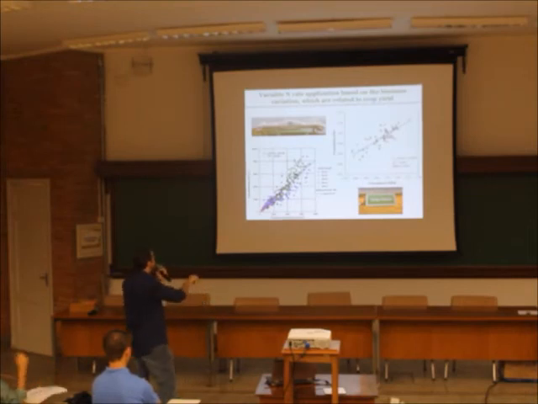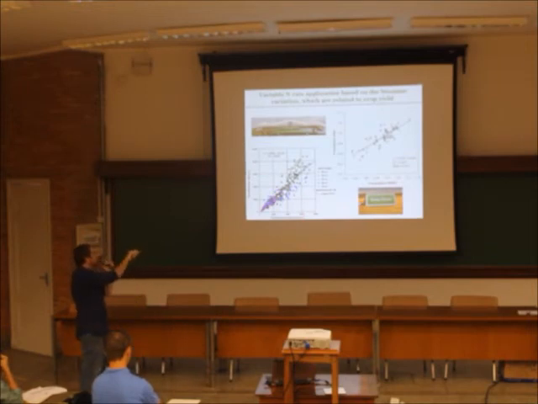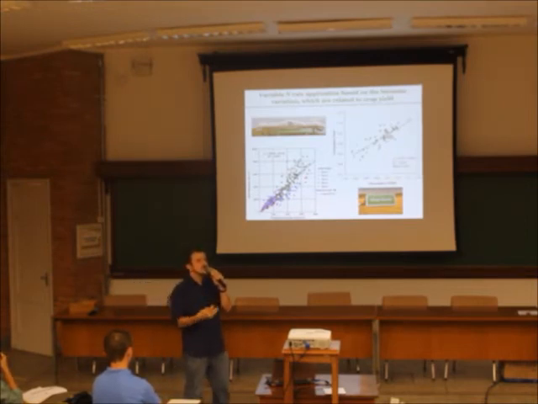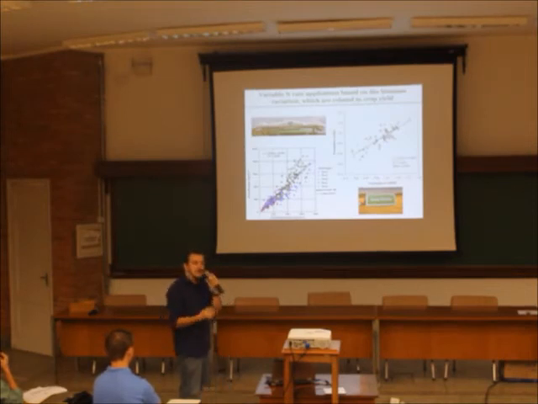In this case, for example, the biomass predicted by the ERS sensor and Rios shows a very good correlation with biomass. And this biomass is related to the crop yield at the end of the season.